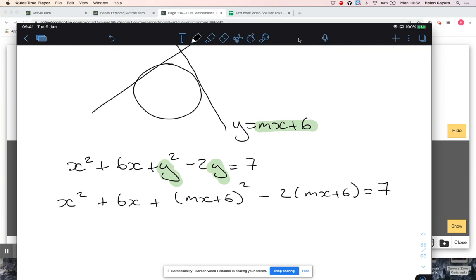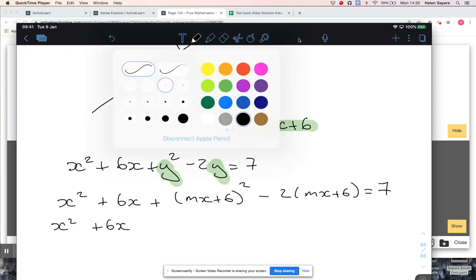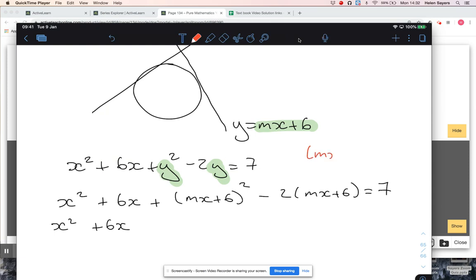So I've got a quadratic in x, but I've also got that unknown gradient m. First of all, let's expand all these brackets out and simplify. The mx plus 6 all squared is mx plus 6 times mx plus 6. It's up to you if you need to write that out with some separate working.